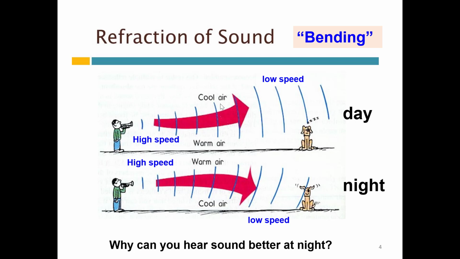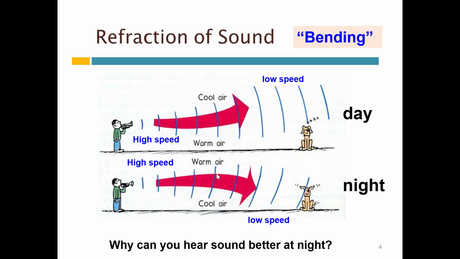We know the velocity of the sound depends on the temperature. Then because of different temperature, the sound refracts, and this is why there is some bending in a wave in this direction.